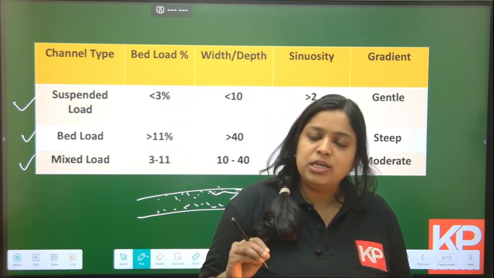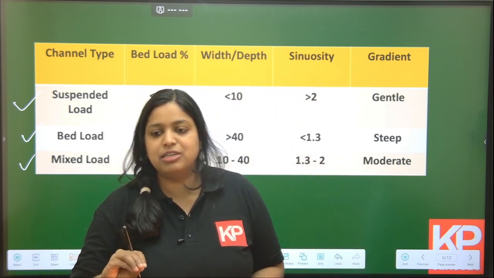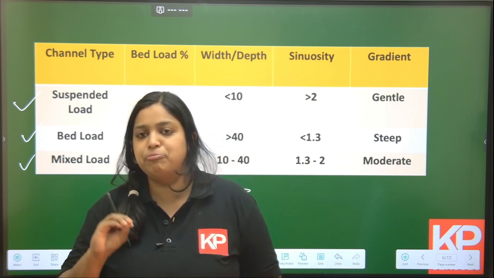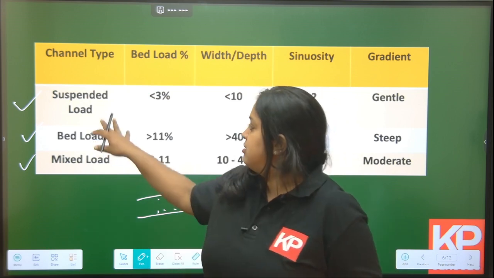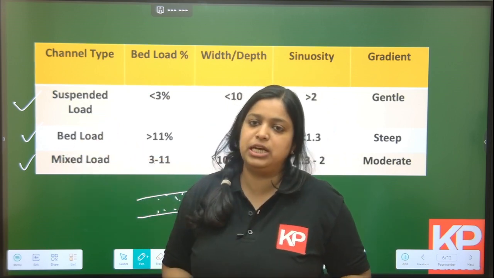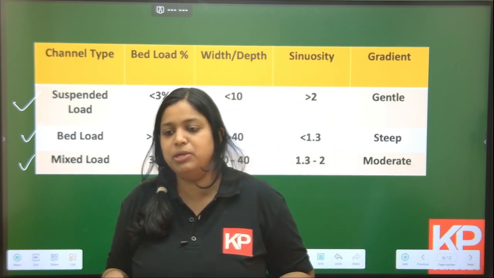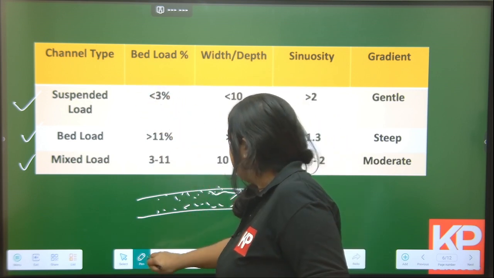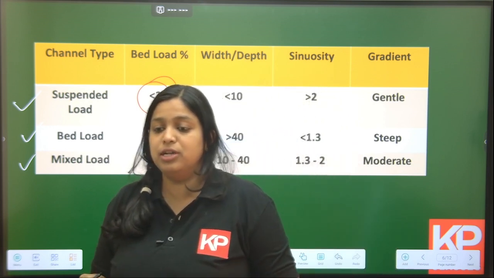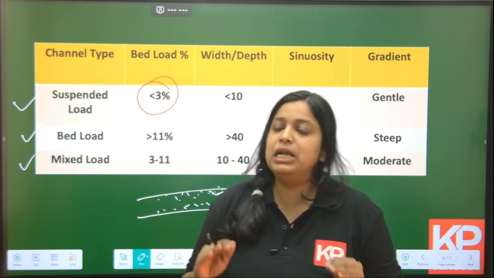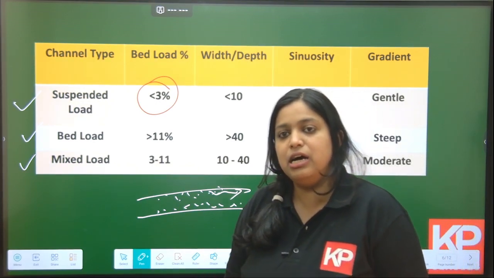Now, depending upon what type of sediment, or depending upon what percentage of the total sediment is bed load, we can divide the alluvial channels into suspended load, bed load and mixed load channels. For a suspended load channel, from the word itself it's very clear: less than 3% of the total sediments carried by the channel are bed load.